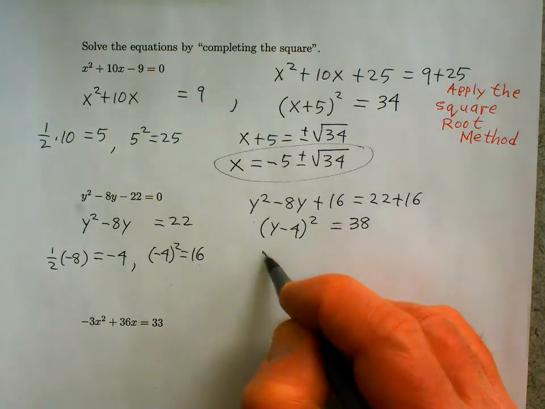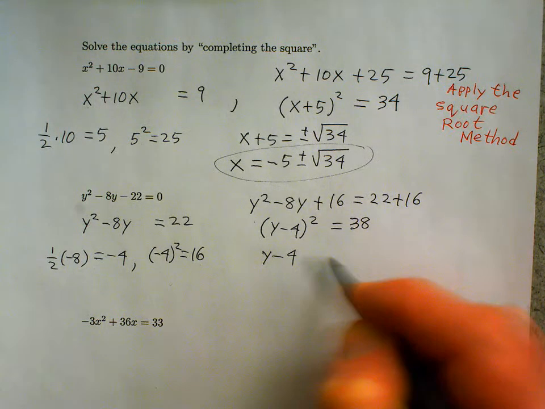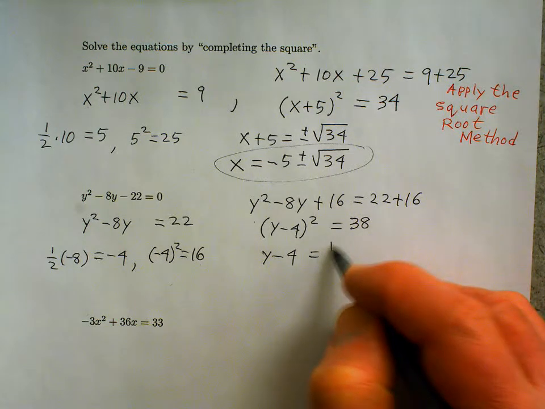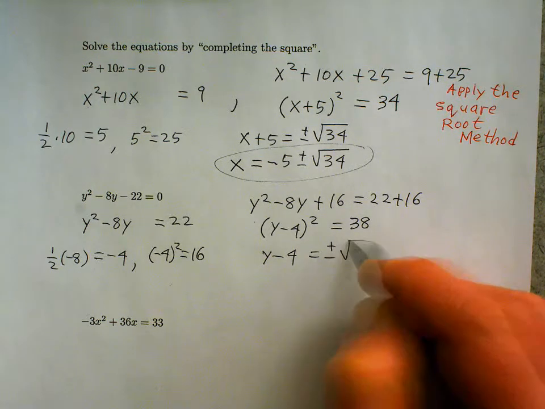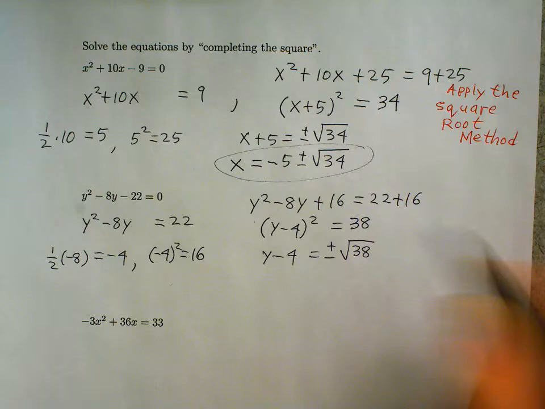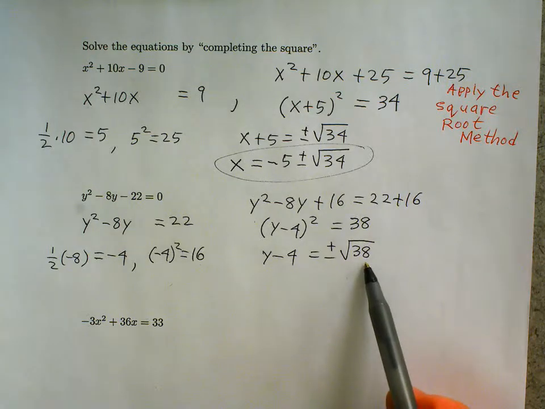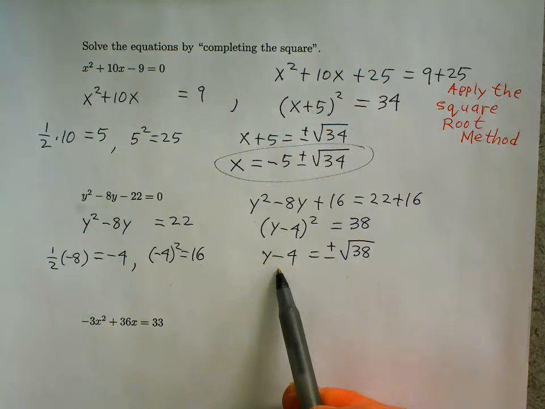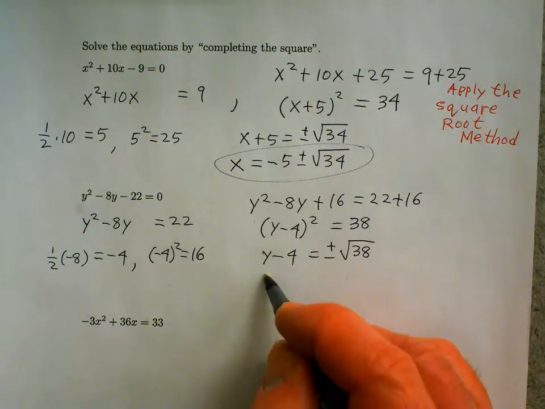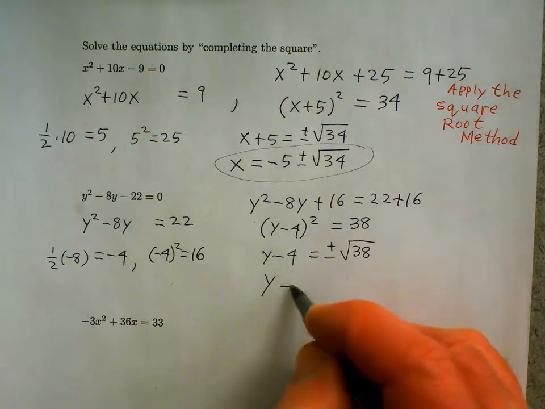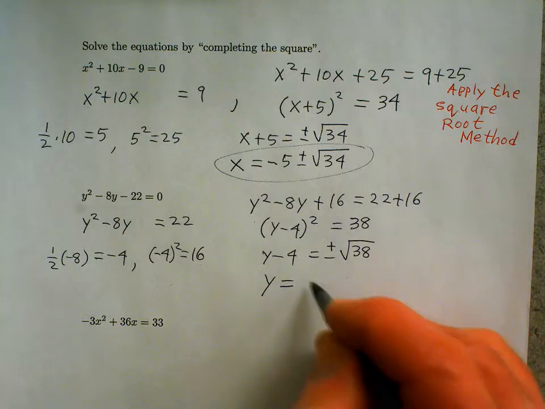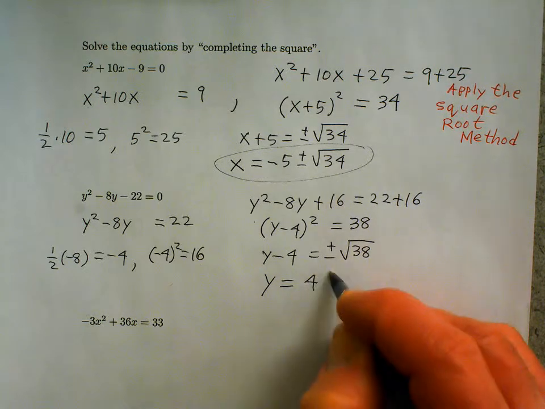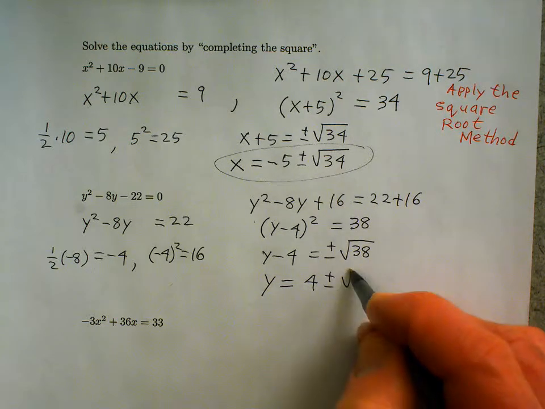On the left-hand side, we have y minus 4, and on the right-hand side, positive and negative square root of 38. The square root of 38 cannot be simplified any further. So there's just one step left, add 4 to both sides. And the two solutions are y equals 4 plus and minus the square root of 38.